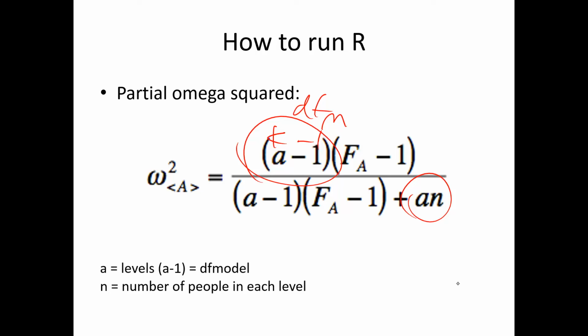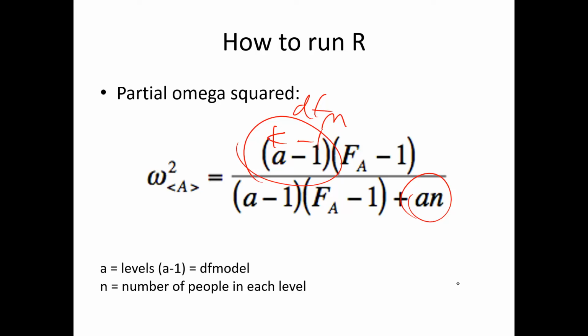A lot of these formulae are based on a perfect world with equal numbers of people in each condition, which, as we all know, real research isn't always. That's why people favor type 3 sum of squares also, because it tends to work better for unequal groups.